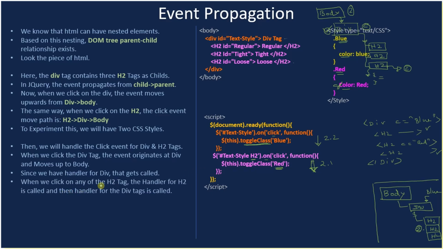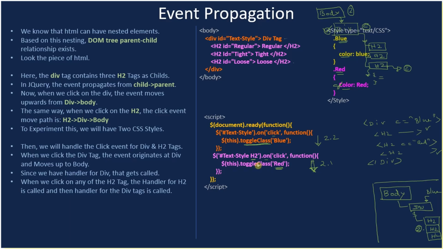When we click on any h2 tag, the handler for h2 is called, and then the handler for the div tag is called. Just now we explained it, right? This is the second attempt. Here you are clicking at h2, then that h2's event gets fired and the handler gets called.